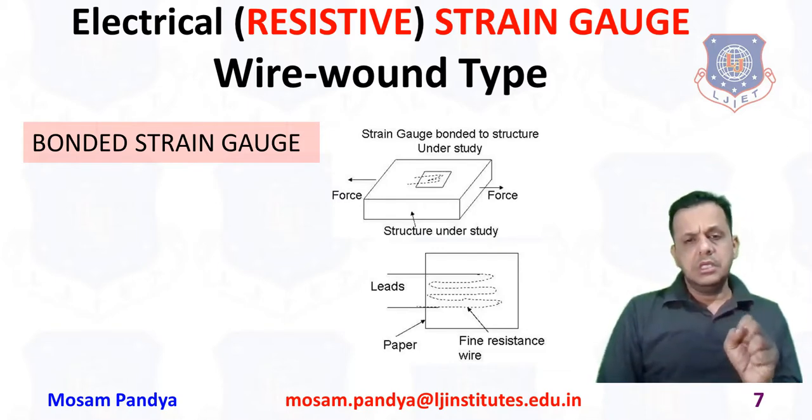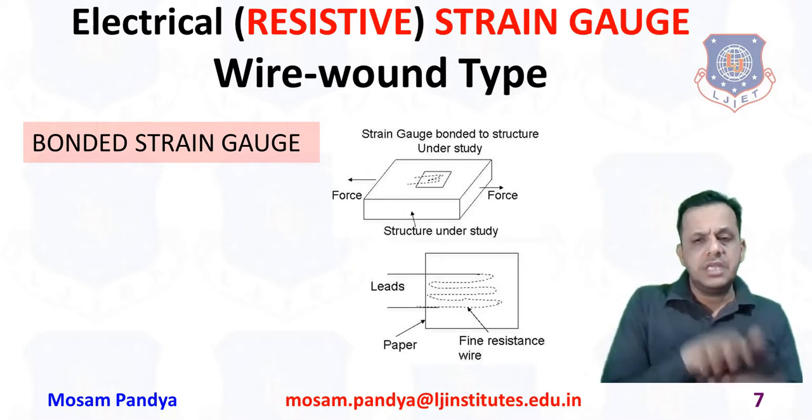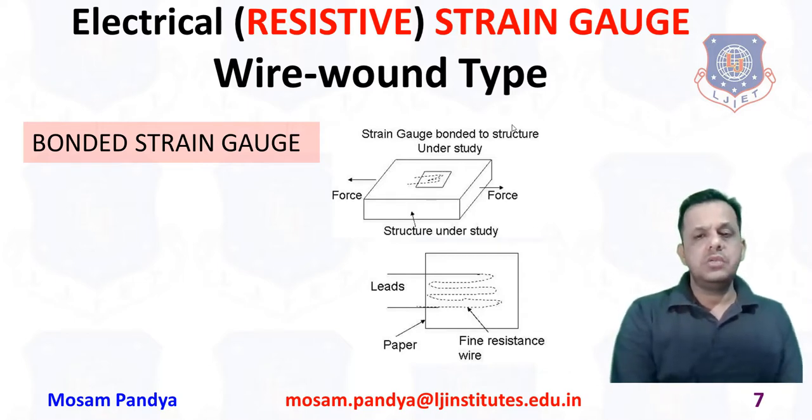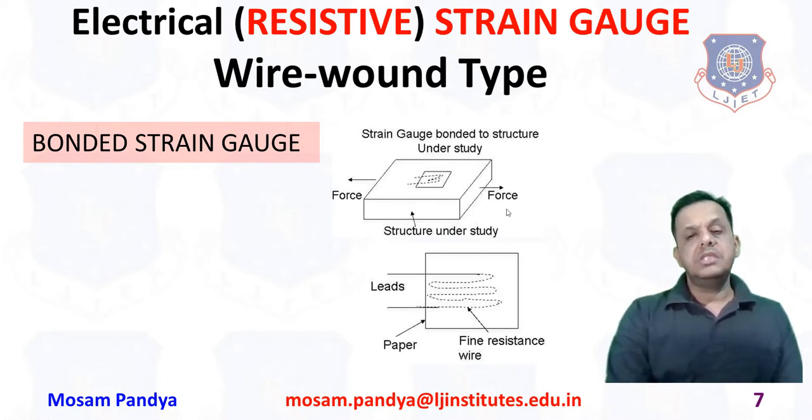Now let us look at the word bonded. Bonded means something is fixed on some platform. So here you see two diagrams displayed on the screen, where force is applied and there is a structure under it.